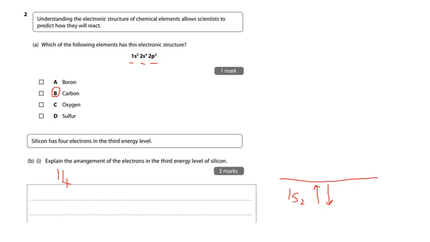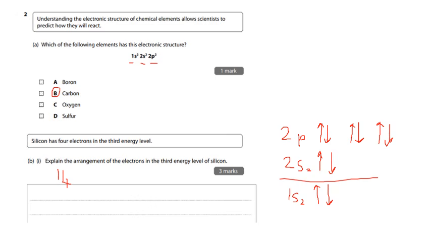In the second shell, we have 2s2, which is there, and then that one fills up. And then 2p6, and 2p6 goes 1, 2, 3. They call it actually x, y, z, and then that and that and that, in that order. It fills up in that order because it takes less energy to do so.